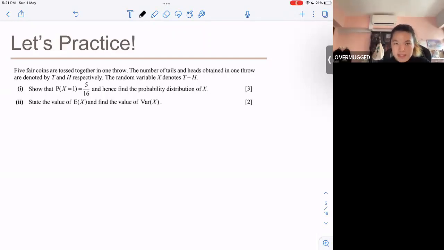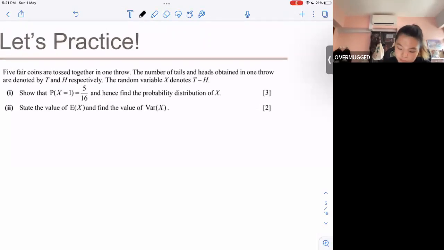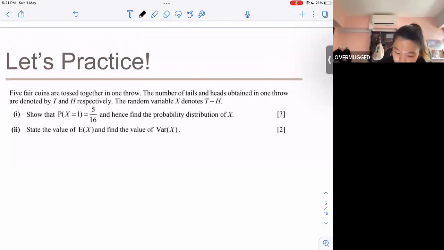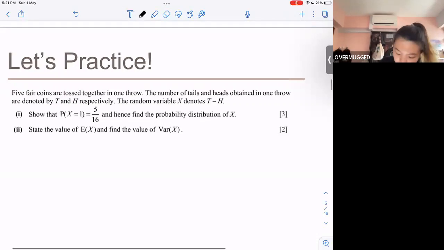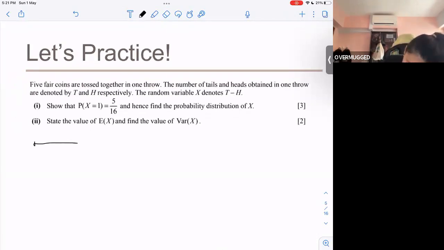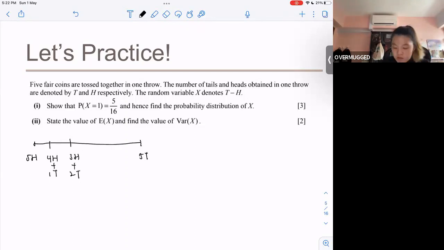Let's analyze the question first. They toss 5 fair coins. There are 2 extremes: either all 5 are heads or all 5 are tails, and then there are many things in between. It could be 4 heads plus 1 tail, 3 heads plus 2 tails, and so on and so forth.